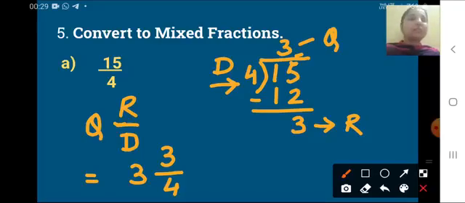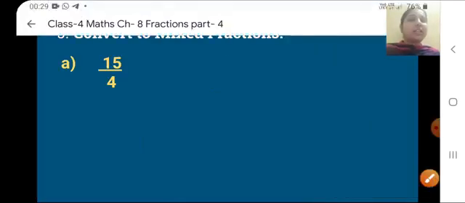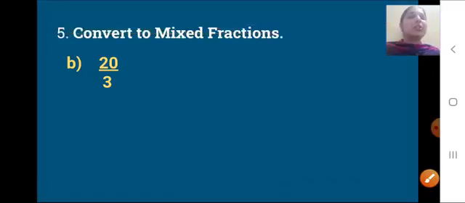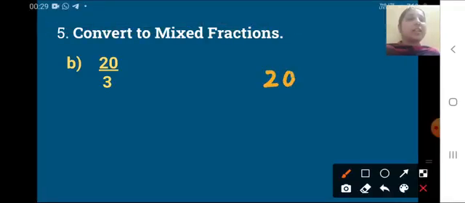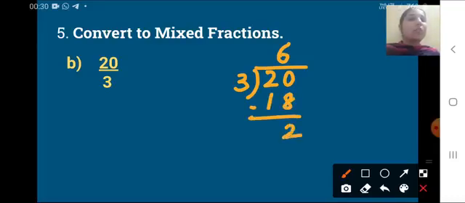Okay. Now let's see the next one, that is 20 upon 3. Now again, to convert it into mixed fraction, we will divide numerator, which is 20, by the denominator, which is 3. So 3 6s are 18. So what will we get? When we subtract, we will get 2 here.